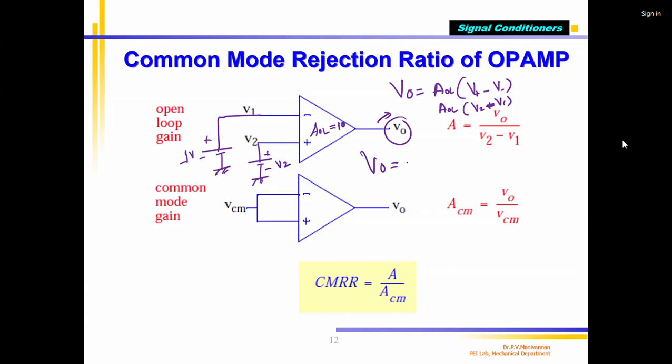So A0L equal to 10 multiplied by V2, which equals 2, minus V1, which equals 1. So it is going to be 10 into 1, 10 volts will come. What did I supply? The op-amp always amplifies the differential voltage, which is nothing but V2 minus V1, or V plus minus V minus. This is called the differential input voltage.